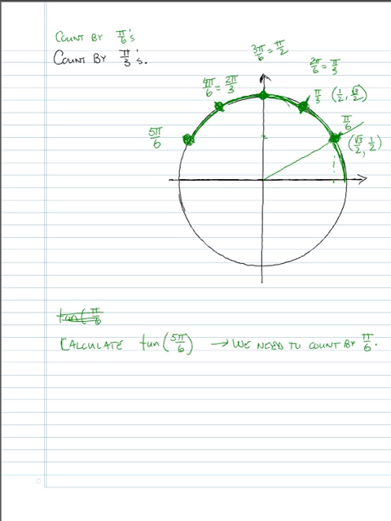So what are the coordinates of this point? Because we need to know, here's the thing down below. The tangent of 5 pi over 6 is the same as the sine of the angle 5 pi over 6 divided by the cosine of 5 pi over 6. So now we need to know these coordinates.